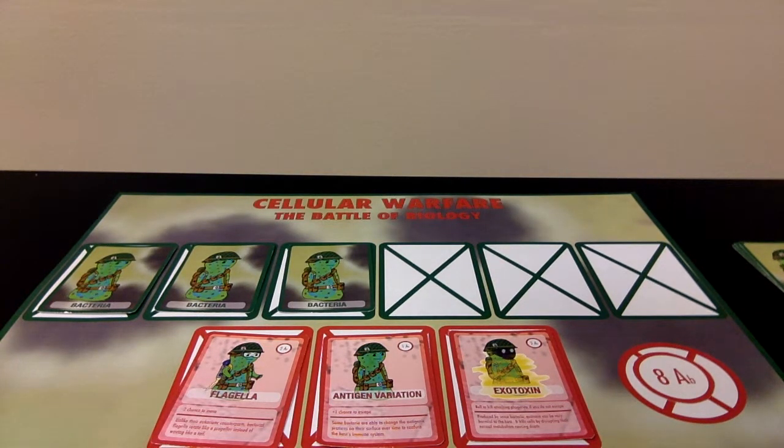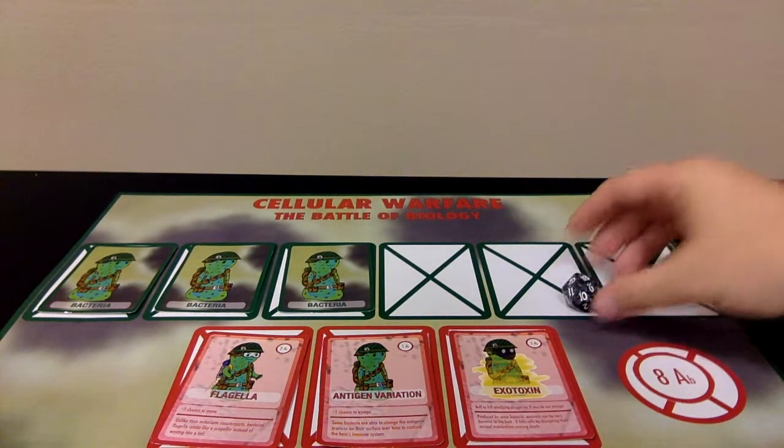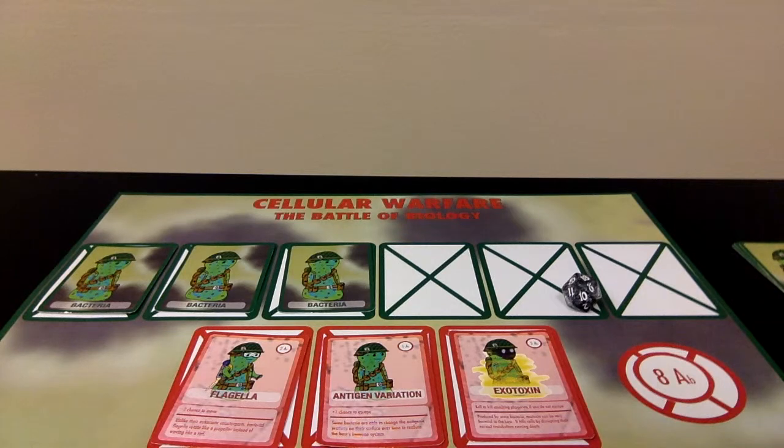You get detected unless you get a 1 or a 2, or a 1 to 3 if you have slick capsule or antigen variation, or 1 to 4 if you have both of those. Since I have antigen variation, I would have needed to roll a 1 or a 2 to escape. But let's say for this sake, I rolled the 18 again. Doesn't matter. I got detected.